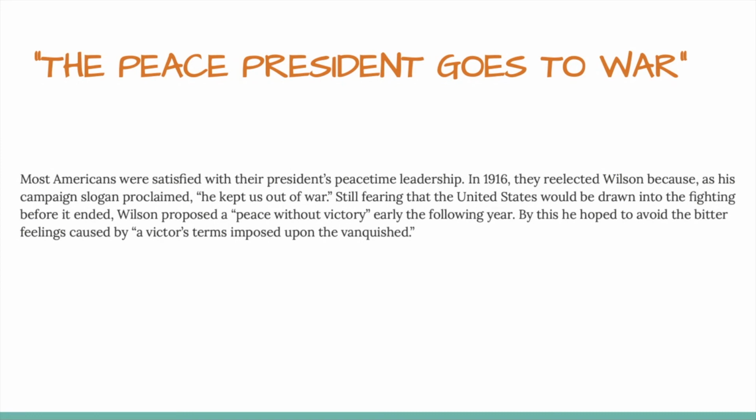So again, main event that is happening in this paragraph, and then come back to this video, okay? So the main event that's happening in this is that Woodrow Wilson, the president of the United States at that time, got reelected. A lot of Americans liked him because he kept America out of World War I for a really long time.